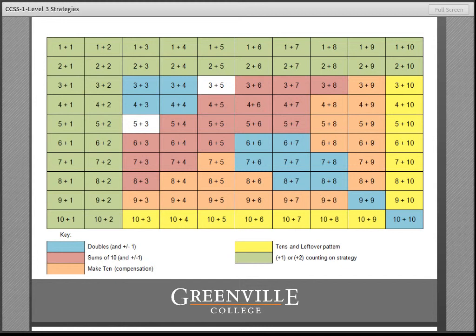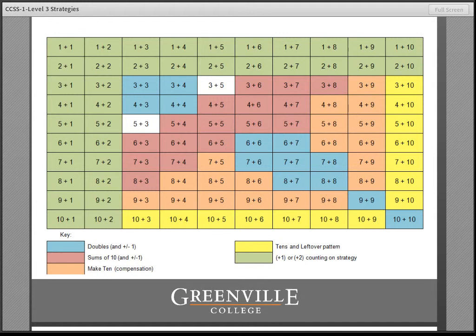If you only have to count on 1 or 2, then counting on is very efficient. The red and orange facts are based on making a 10. The red facts are just a known fact of 10 with a plus or minus 1 strategy. So, for example, 5 plus 4 is like 5 plus 5, except it's 1 less. So I could use that.